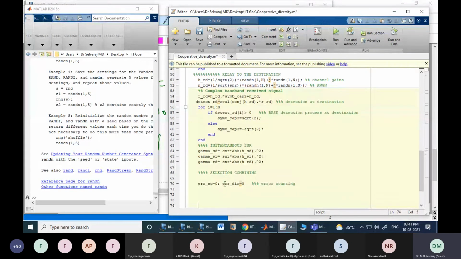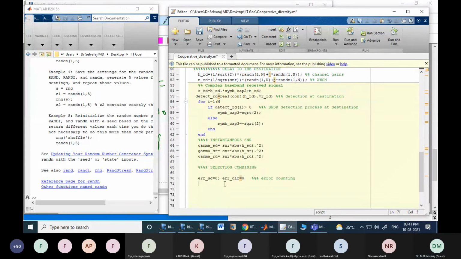After that, again we will run this loop, i is equal to 1 to n.